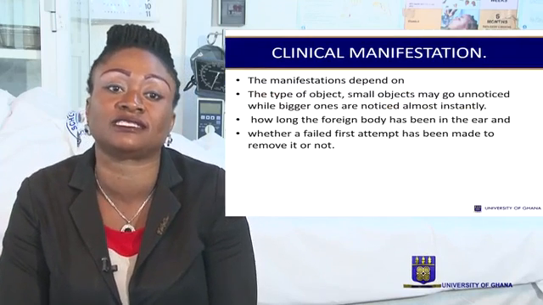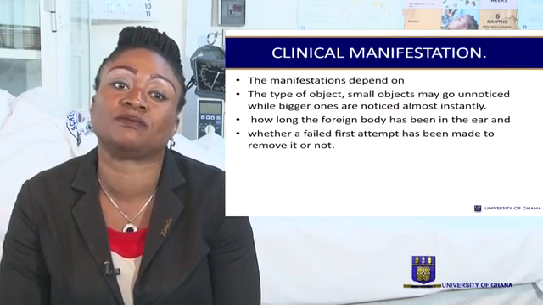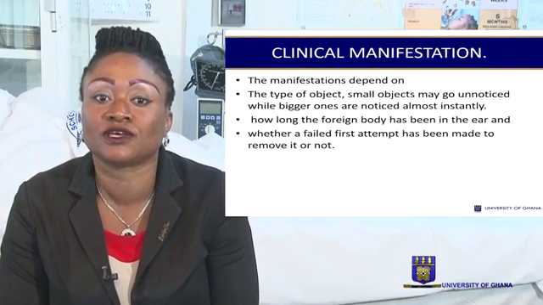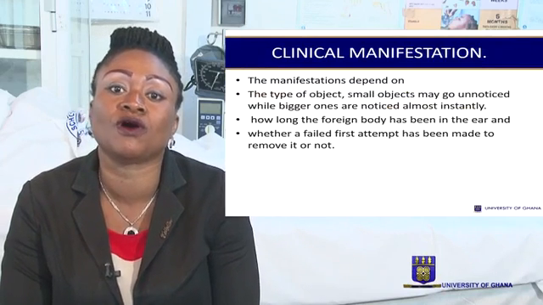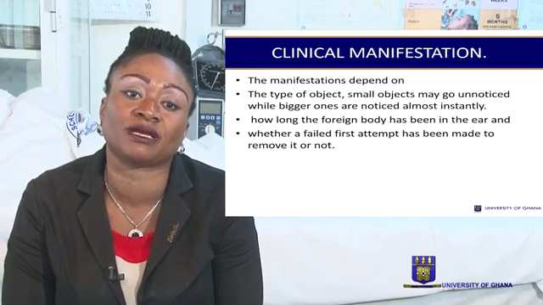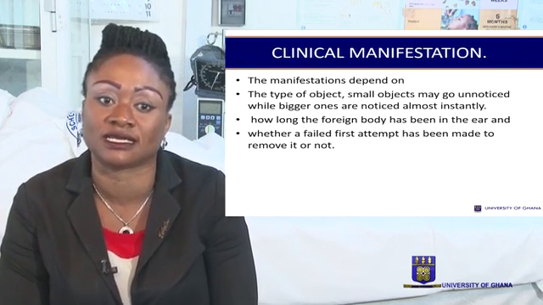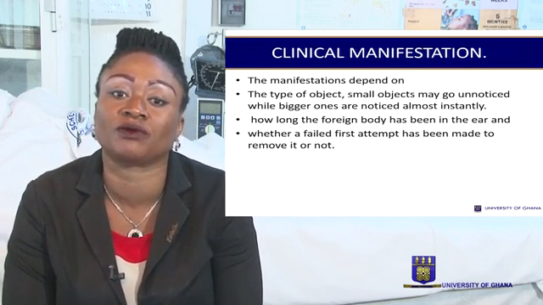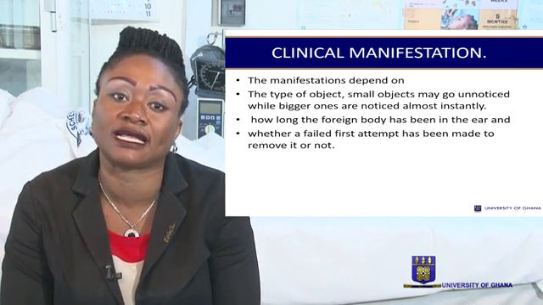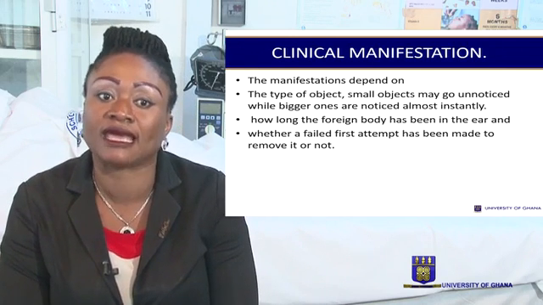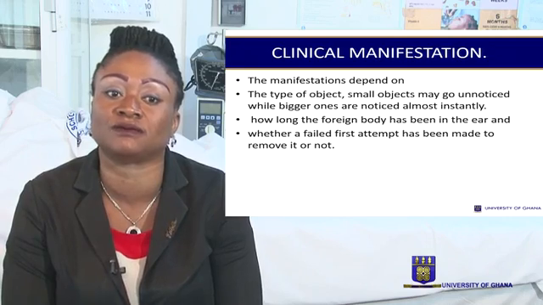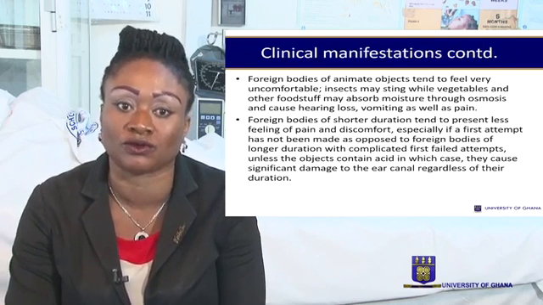The manifestations will depend on the type of objects. Smaller objects may go unnoticed, while bigger ones are noticed almost instantly. How long the foreign body has been in the ear canal is also a factor, and whether a failed first attempt has been made to remove it or not.